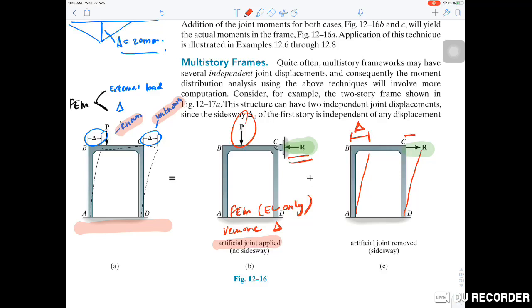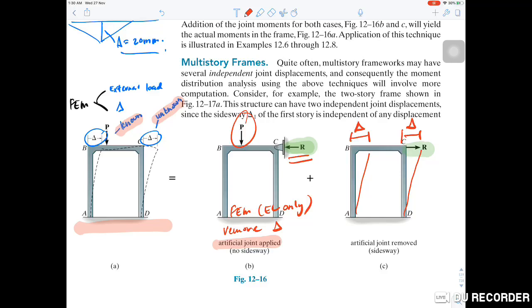Here is the delta that we removed just now. This means that we will analyze FEM due to delta. So B analyzes FEM due to external load only, and diagram C is FEM due to delta.